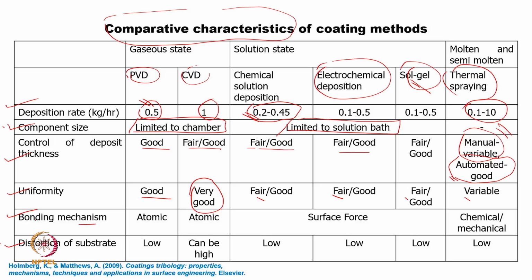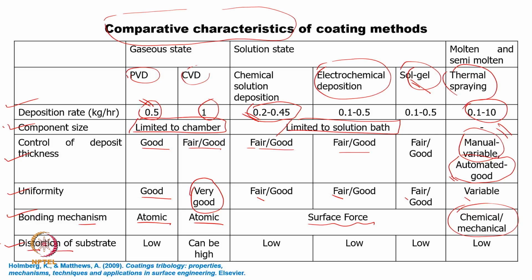Coming to the bonding mechanisms, PVD and CVD are excellent. We have good bonding, at the atomic level. While coming to the solution methods, there is a possibility of some delamination because surface forces are used, and when energy is supplied more than that, naturally there will be a possibility of debonding, and in this case there is also the provision of chemical mechanical bonding.